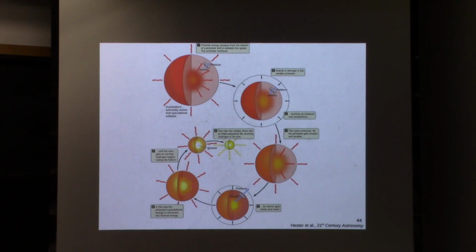Yeah, it fuses deuterium for a little while. It undergoes a brief period of deuterium fusion into helium, because there isn't a whole lot of deuterium there.